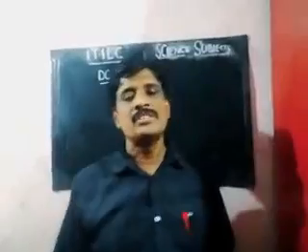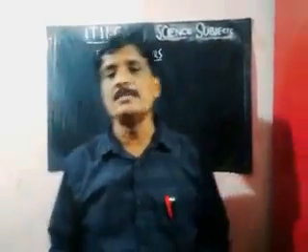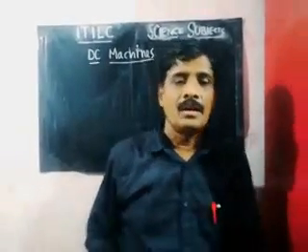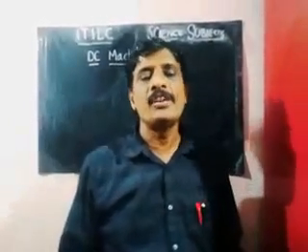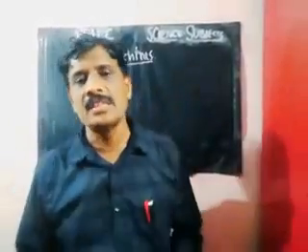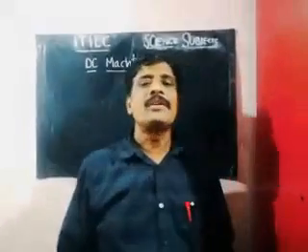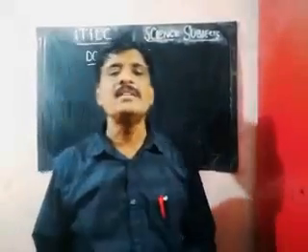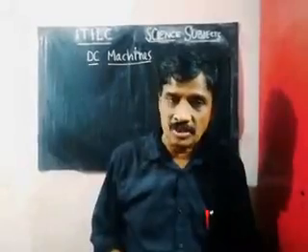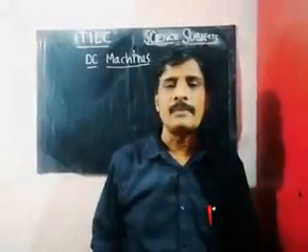And another one is the magnetic field. The magnetic field is produced in the field coil itself, that means the main field coil in a shunt generator. If the field coil is connected in parallel with the rotor, that means the armature, it is known as a shunt machine.